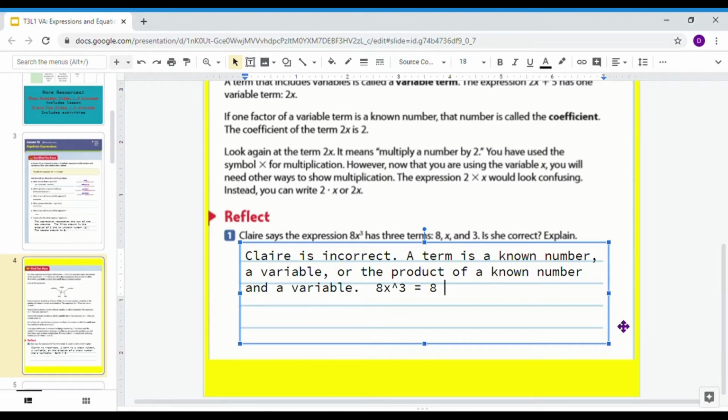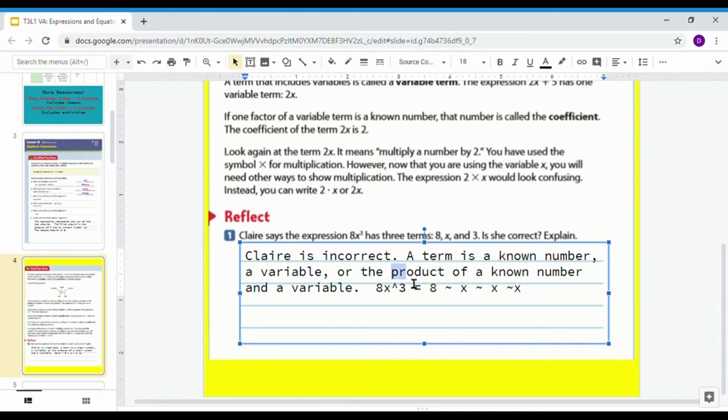So I'm going to use this little thing to mean times for me for right now. So 8 times x times x times x. So if I were to rewrite 8x to the third power, I could rewrite it as 8 times x times x times x.